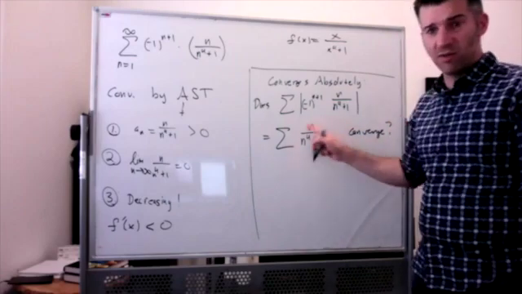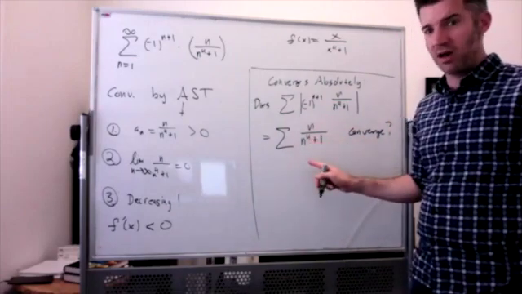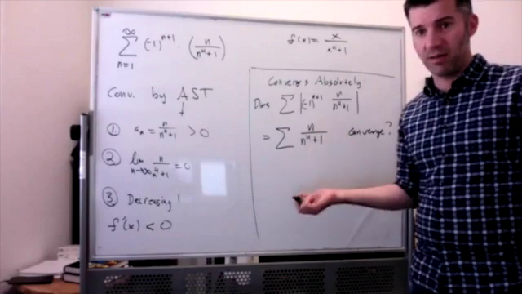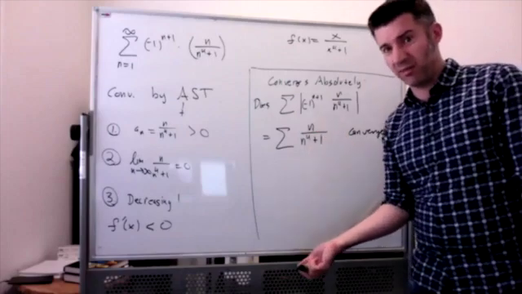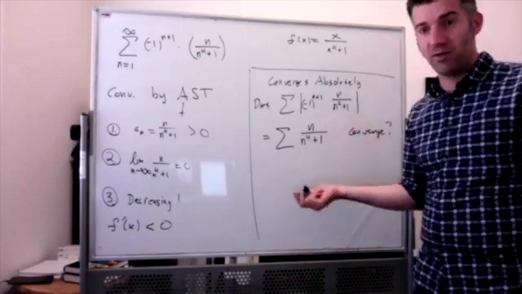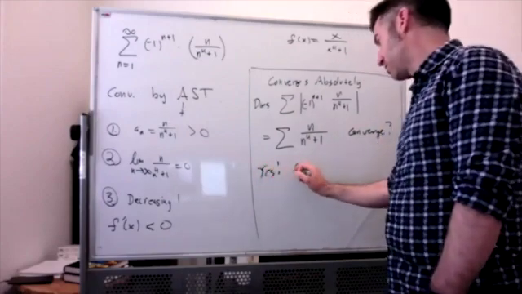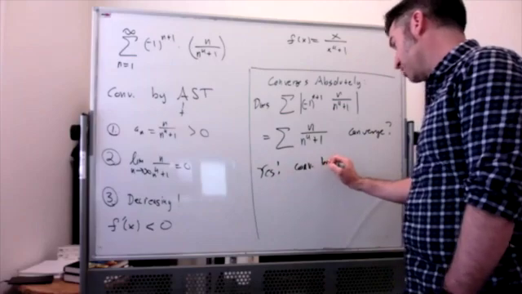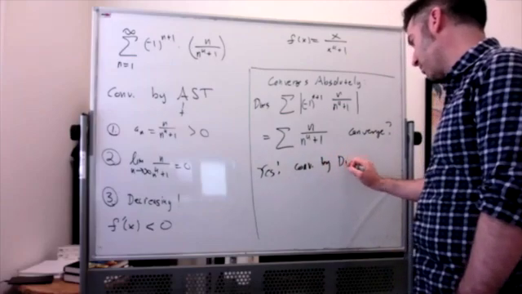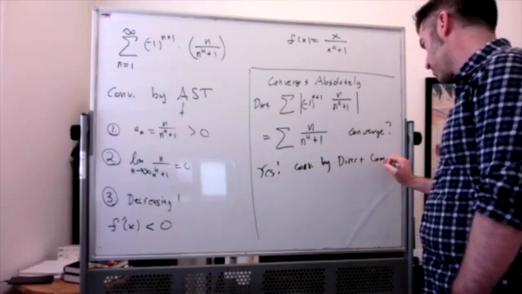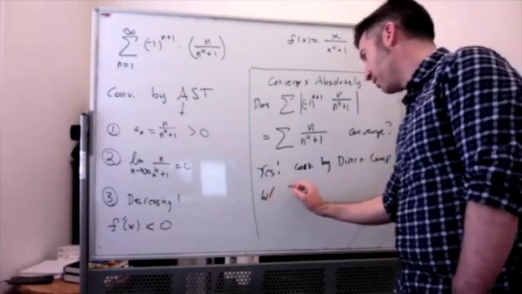Well, yeah, this converges. I would probably use limit comparison because I'm lazy, but you could also use direct comparison. This is less than n over n to the 4th, which is 1 over n cubed. So yes, this converges by direct comparison or limit comparison, direct comparison with this series.